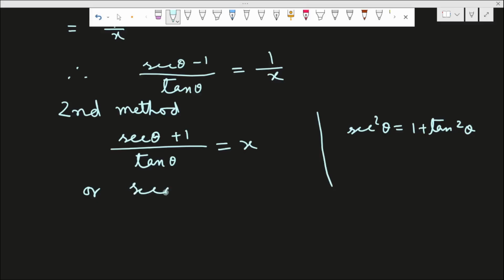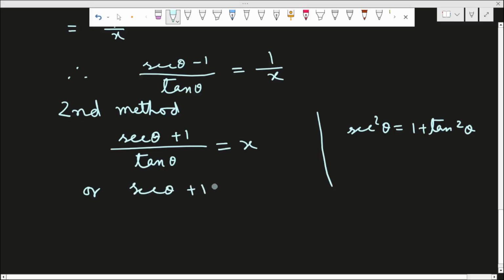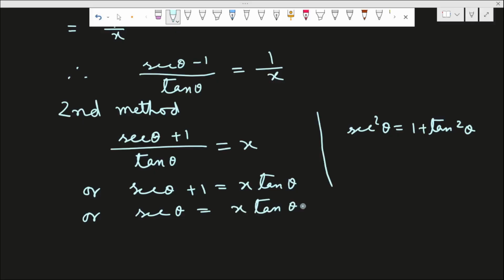So sec theta plus 1, that is x tan theta, or sec theta is equal to x tan theta minus 1.